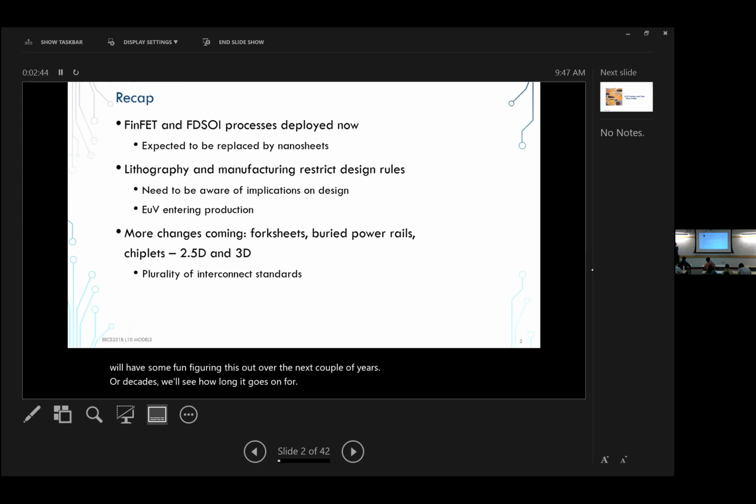Where do we stand in the class? We have been talking about the current processes and how they impact the design. We looked at the planar processes that dominate the volume of things being built at the moment, and FinFET devices, and we have looked into how they affect the design choices.